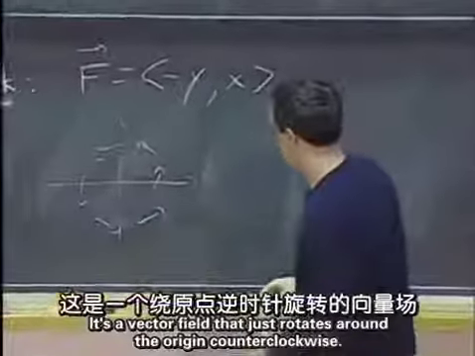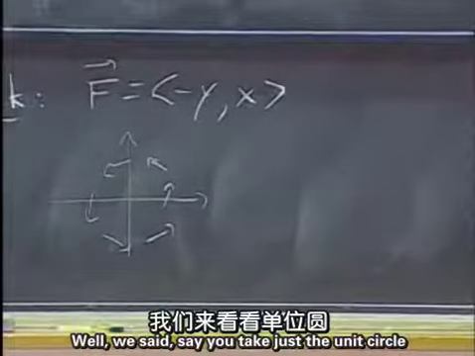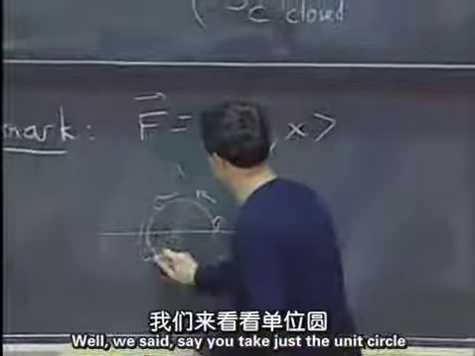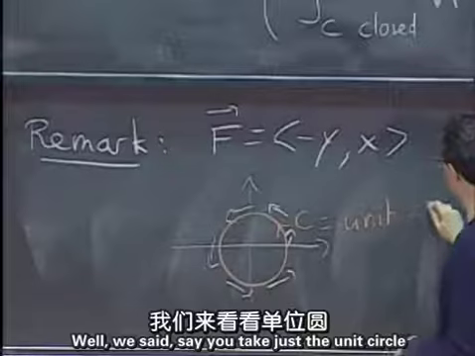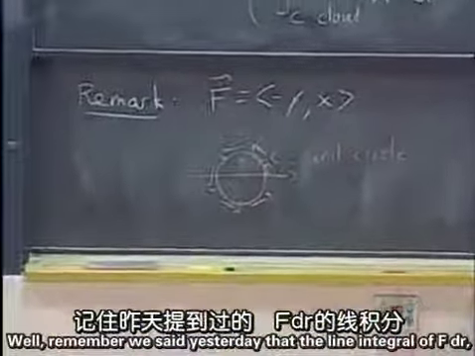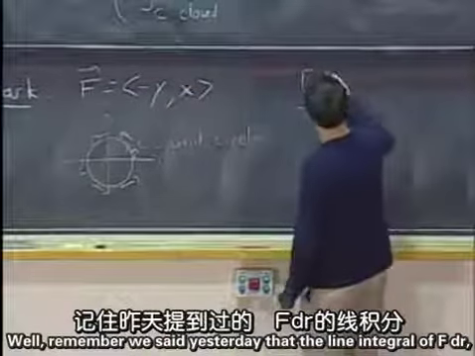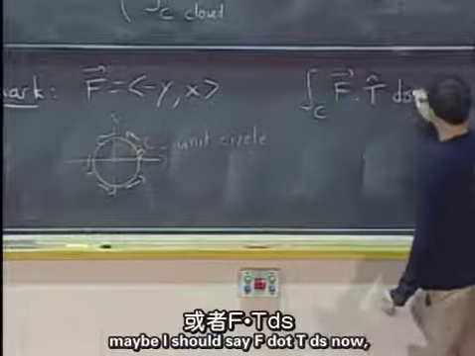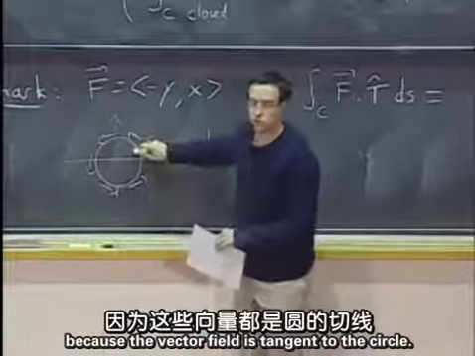Well, if you take just the unit circle, for example, counterclockwise, remember we said yesterday that the line integral of f dot dr, maybe I should say f dot t ds now.